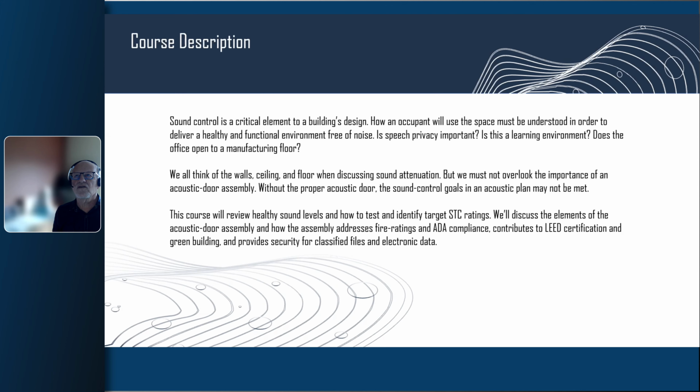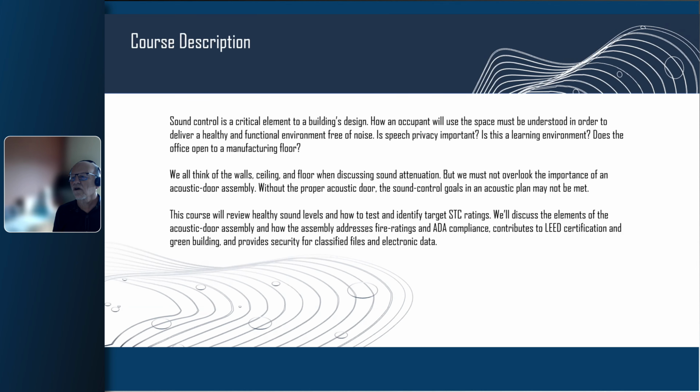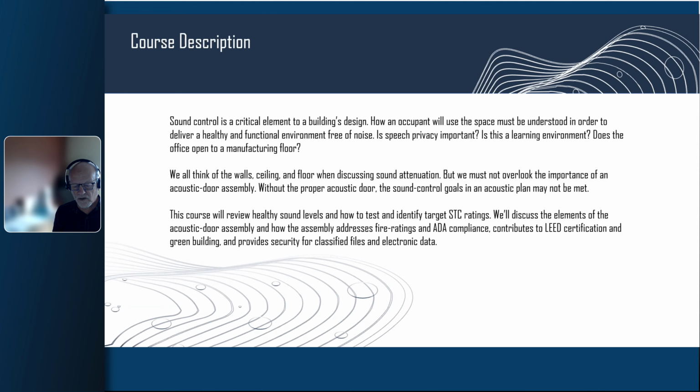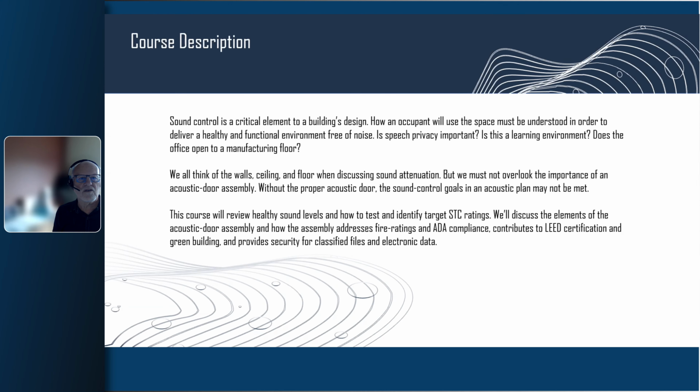And we have STC ratings. The higher the number, the higher the acoustic performance. And it applies not only, of course, to doors and door assemblies, but it applies to windows and walls and ceilings and floors and all sorts of things. So it's not a particular standard for doors, but it is the standard that we use here in North America.